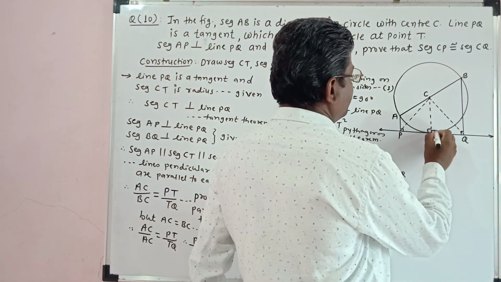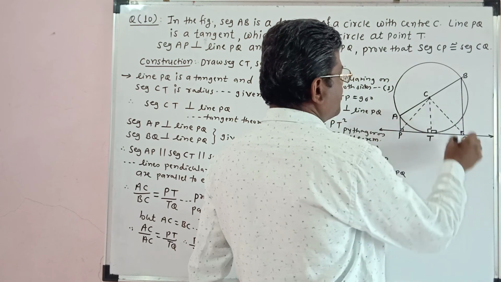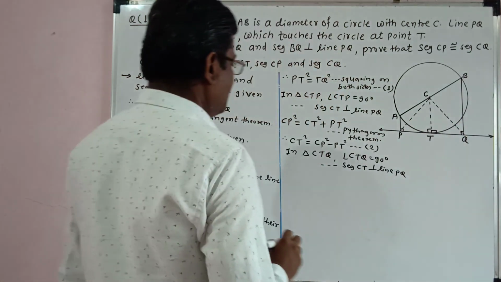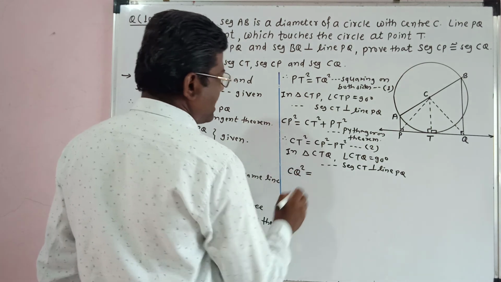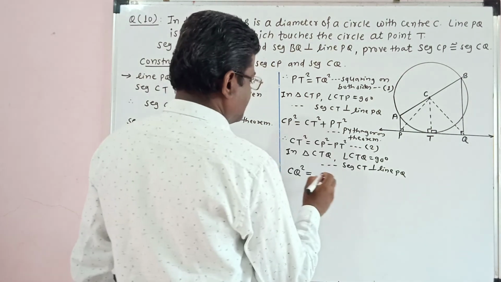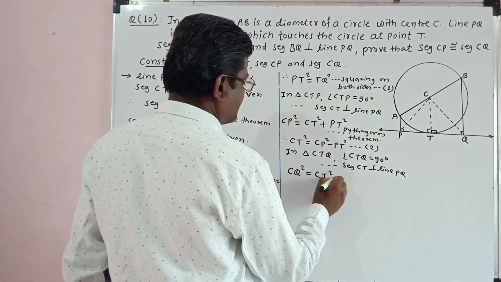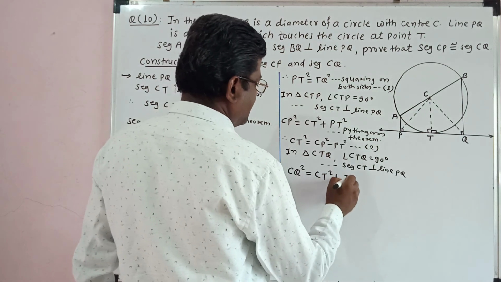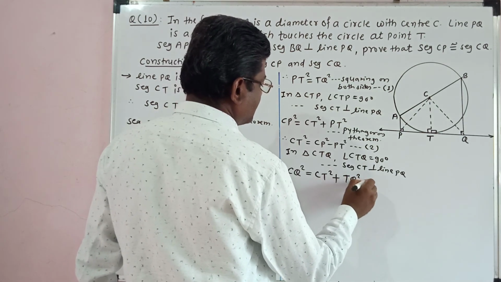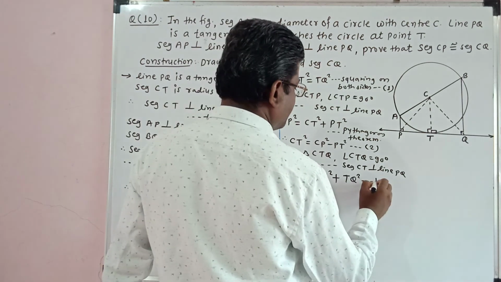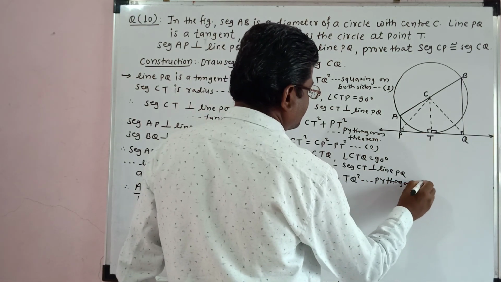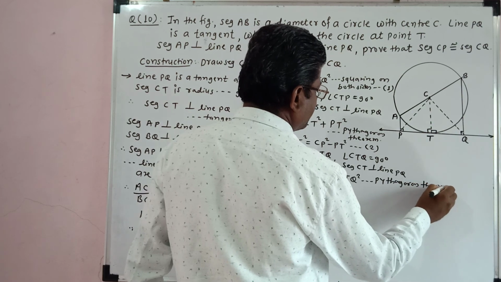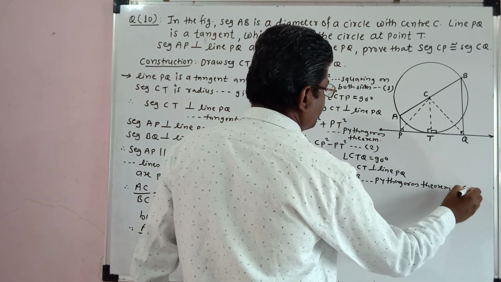This angle is 90 degrees. Therefore the side opposite to this angle, CQ, is the hypotenuse. Therefore CQ square is equal to CT square plus TQ square. Reason is Pythagoras theorem. This is equation number 3.